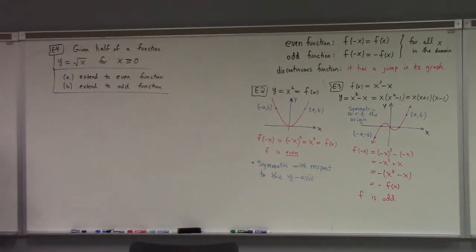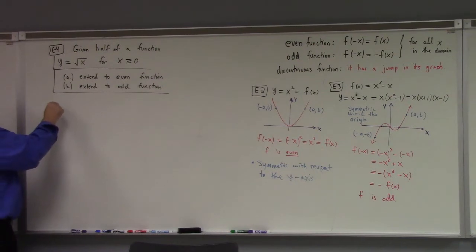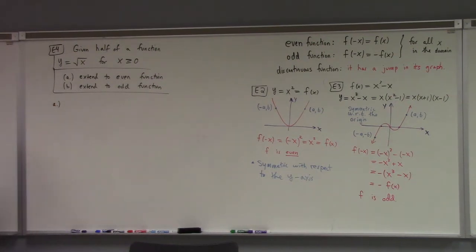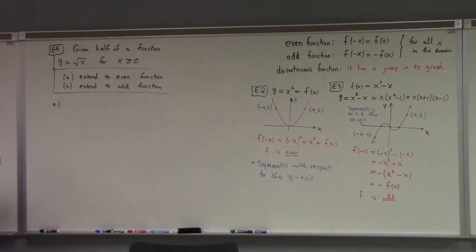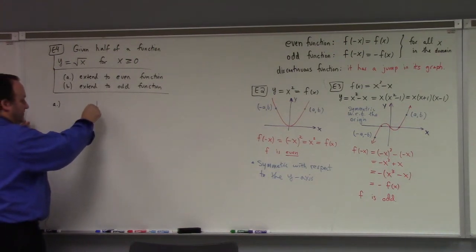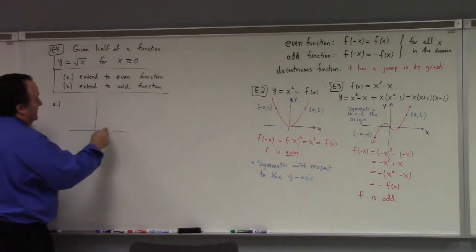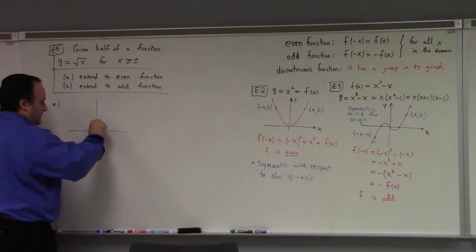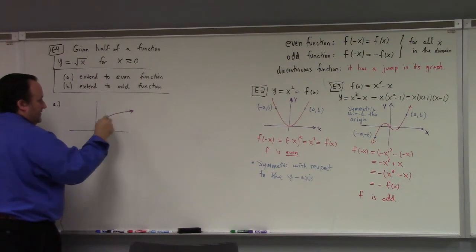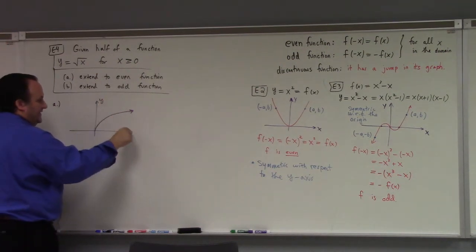So I'm going to go about the answer here in two different ways. I'm going to first do it graphically, and then I'm going to give you the formula. And we're going to get a little bit more practice about transformation and graphs along the way. So to start with, you're given the square root function, which looks like this. That's given to us, and I'm supposed to extend the graph.